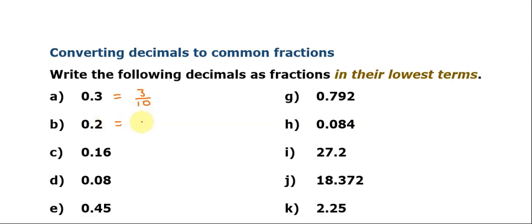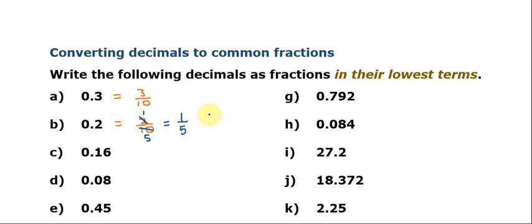So as a common fraction, that would be 2 upon 10. But that can be reduced some more, because we can say 2 into itself goes once, and 2 into 10 goes 5 times. So our final answer in its lowest terms, 0.2, can be written as 1 over 5.